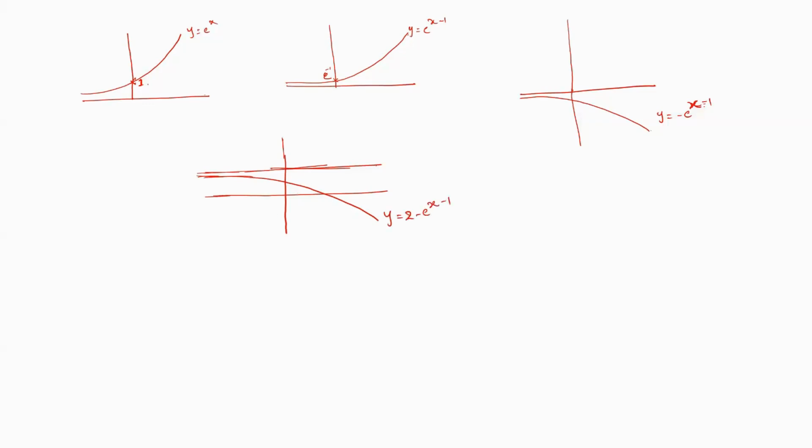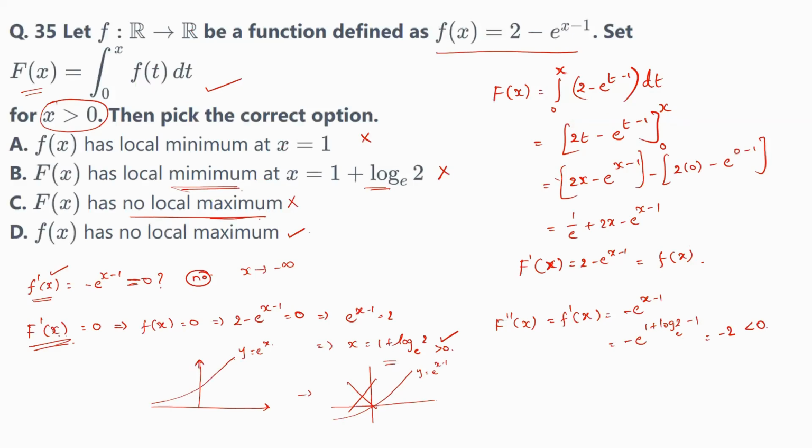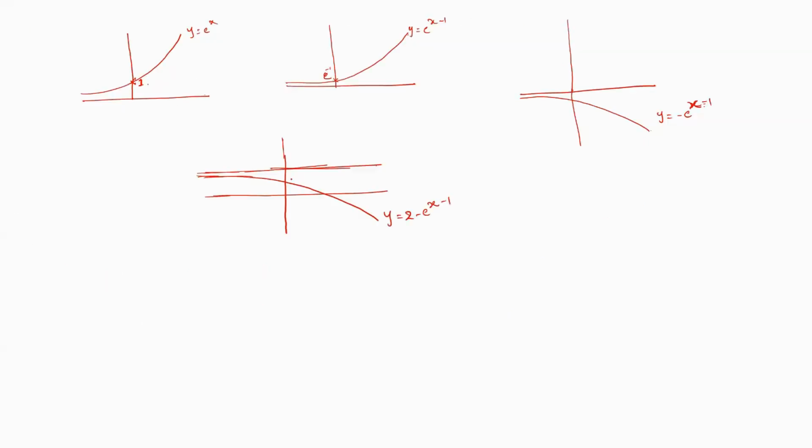Right? No. So this is actually a continuously decreasing function. So it should not have a local maximum also. It is asymptotically reaching 2.